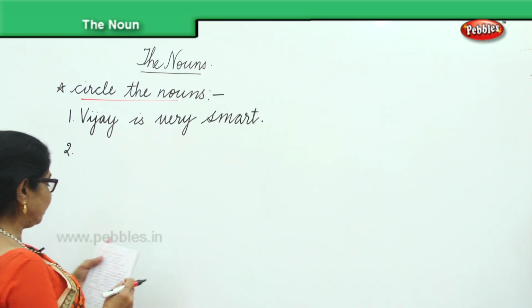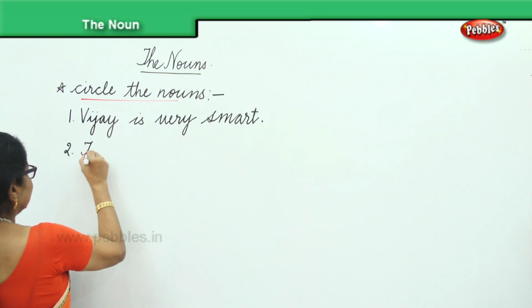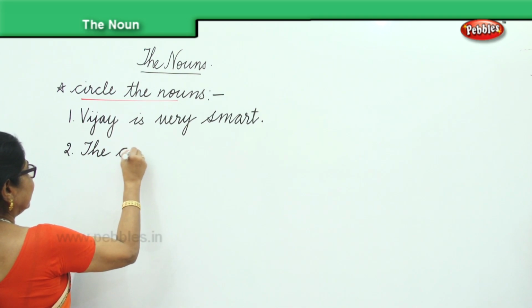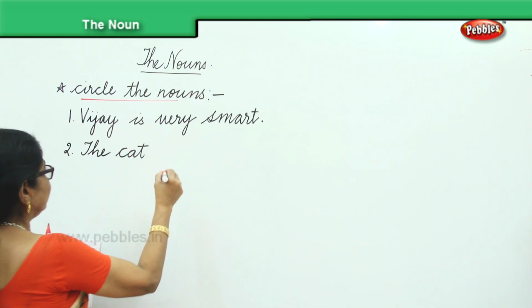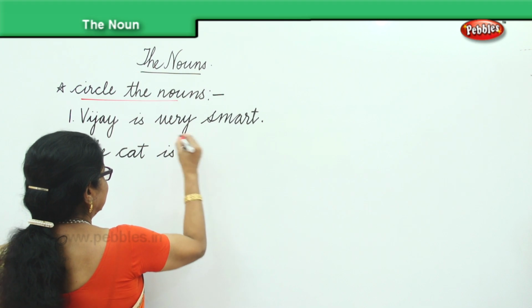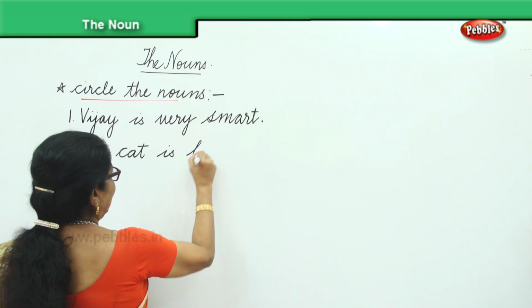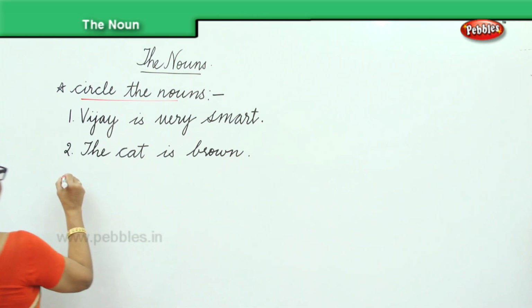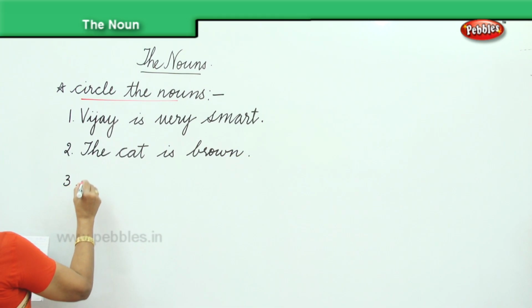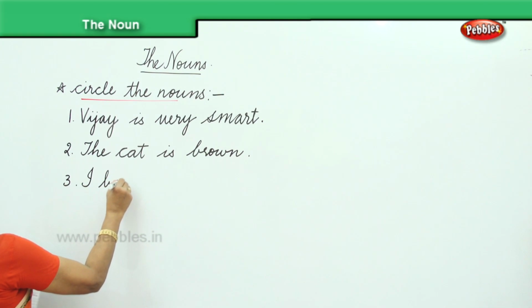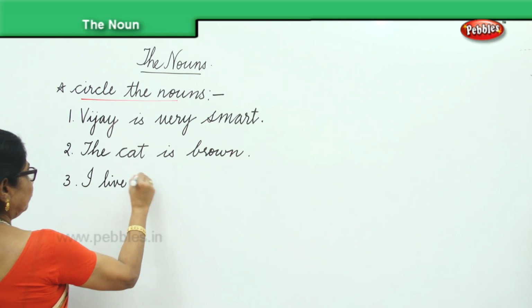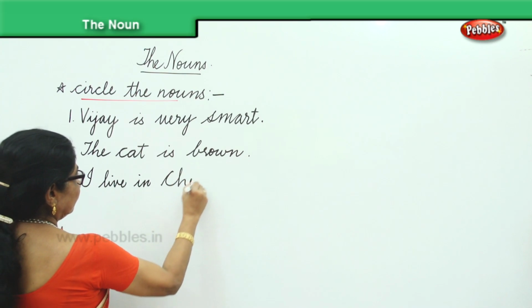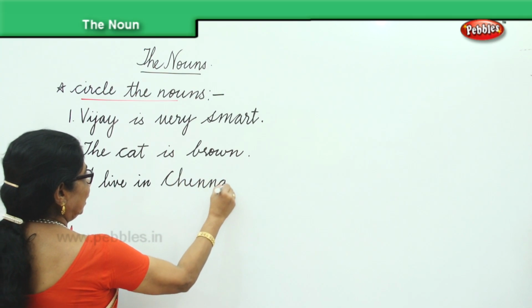That's what we learned. The cat is brown. I live in Chennai.